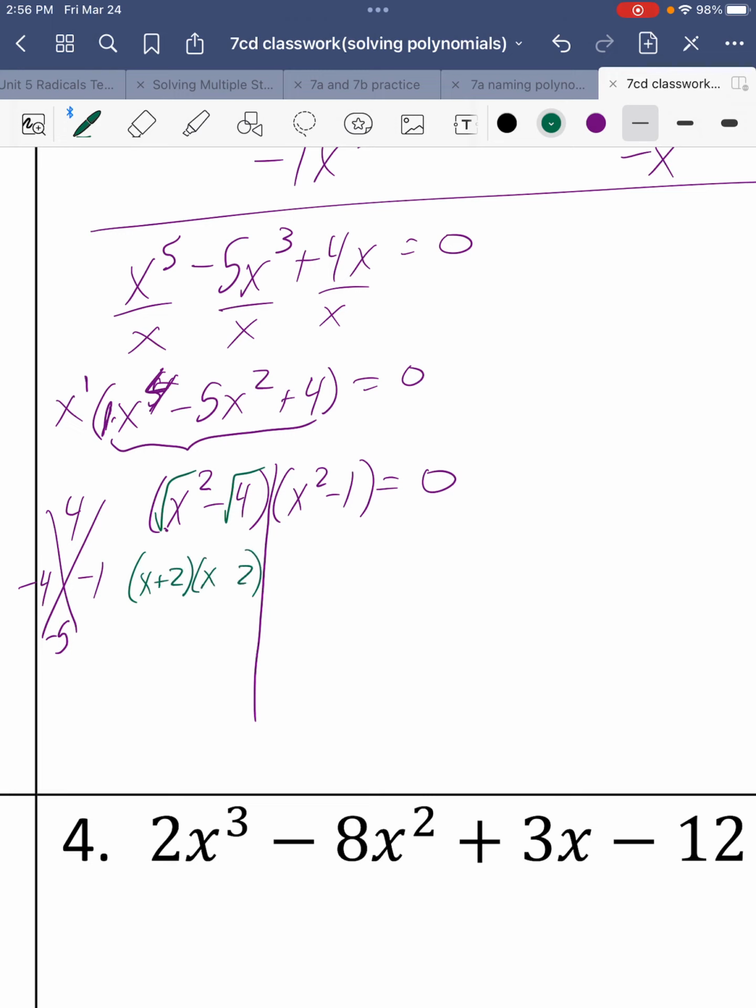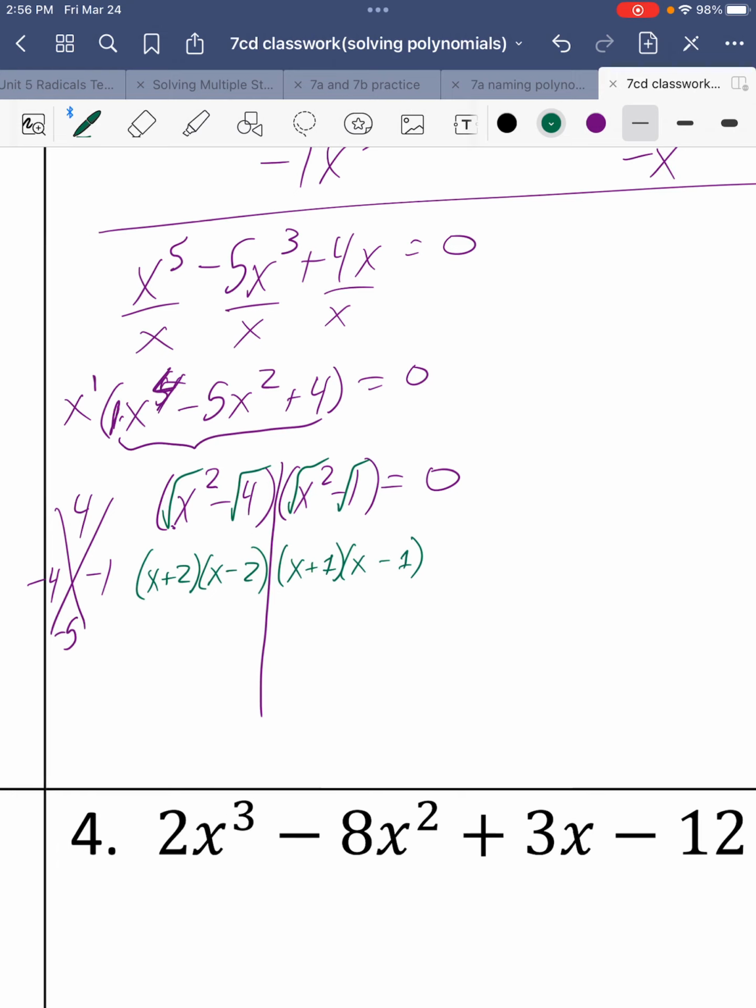The square root of x squared is x, and the square root of 4 is 2. One's positive, one's negative. So there's two more factors. You can do that with the second factor also. The square root of x squared is x, and the square root of 1 is 1. One's positive, one's negative. And so we have 4 different factors here. All 4 factors, you set them equal to 0.